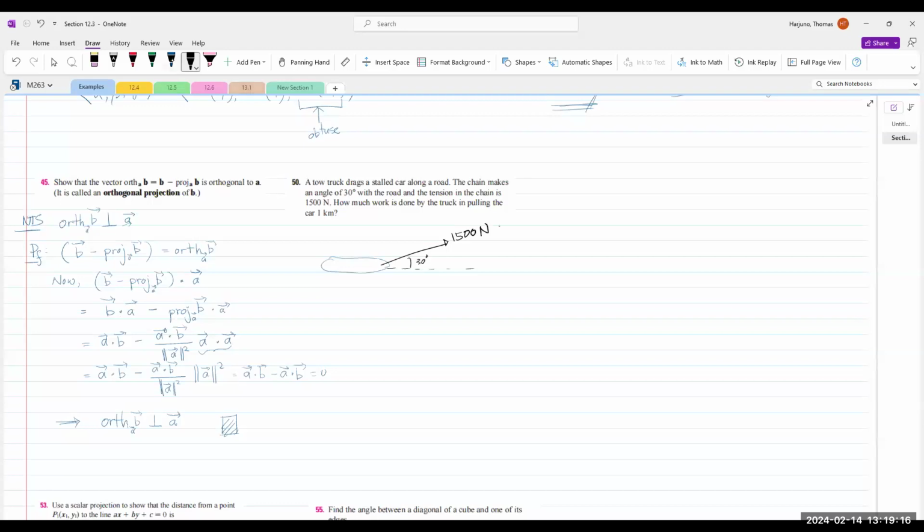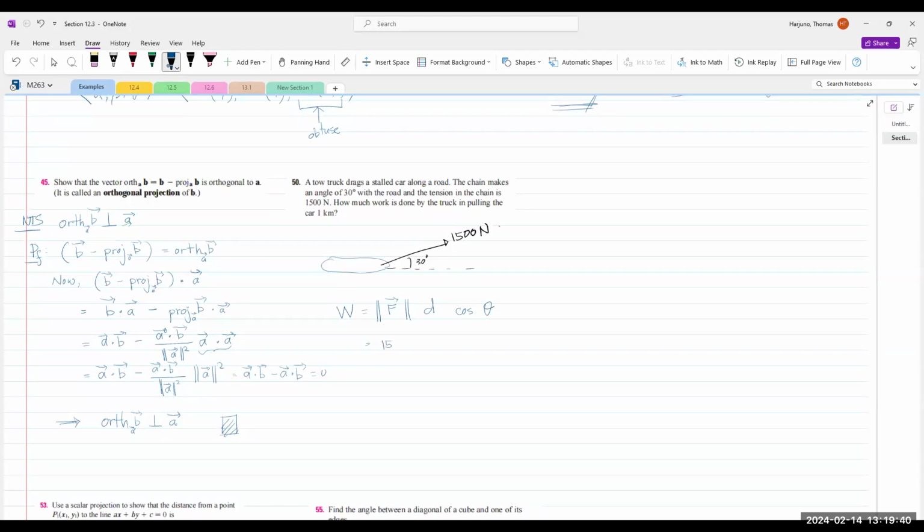What is the work done? The work equals the magnitude of the force, in this case 1500 newtons, multiplied by the distance times the cosine of the angle, in this case 30 degrees.